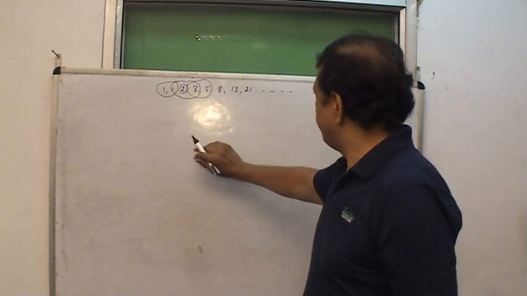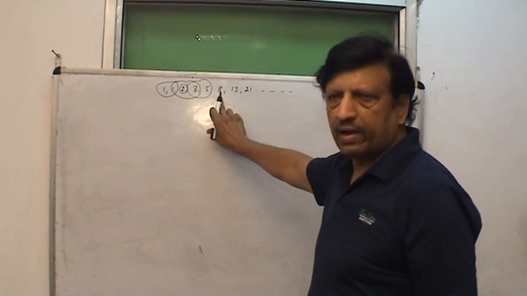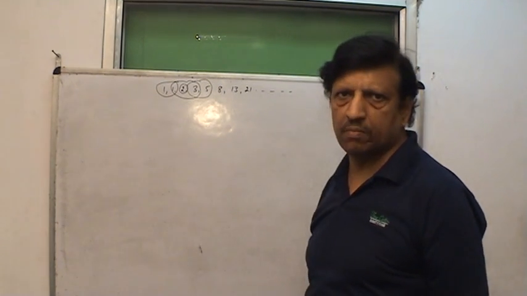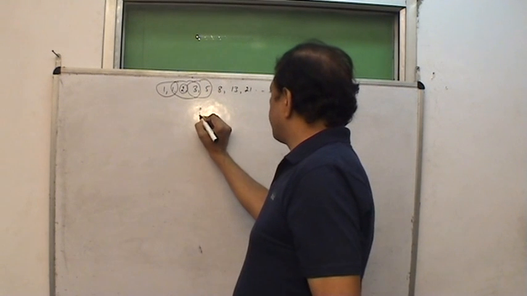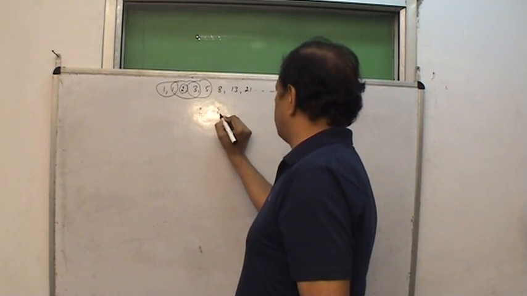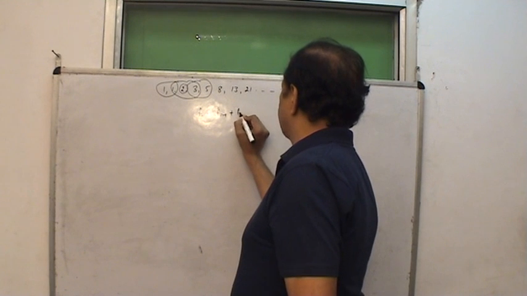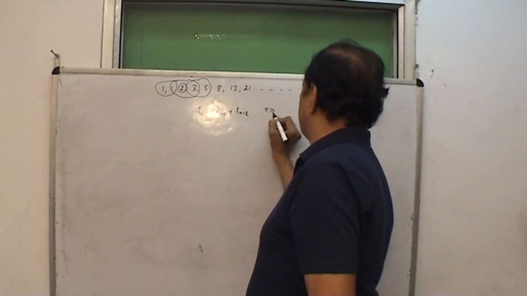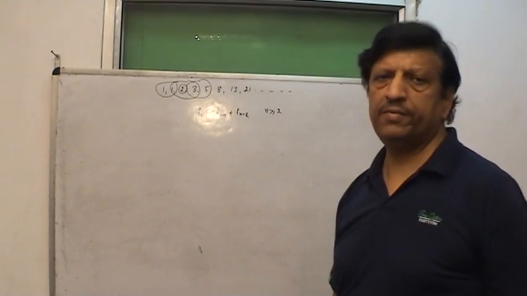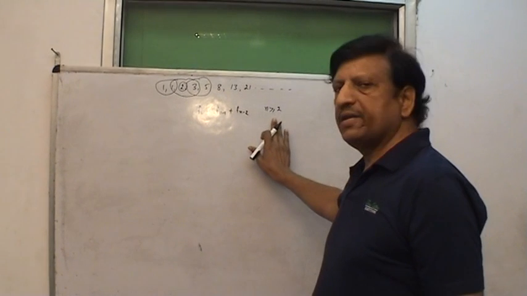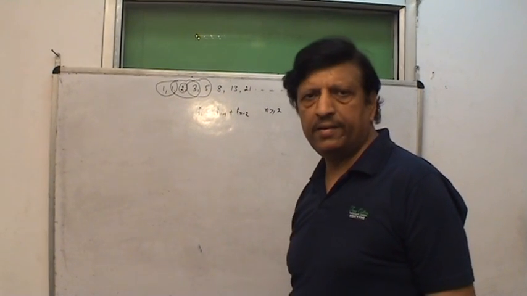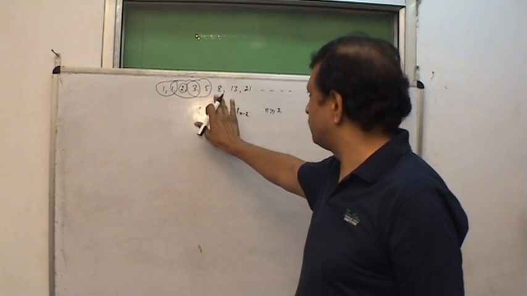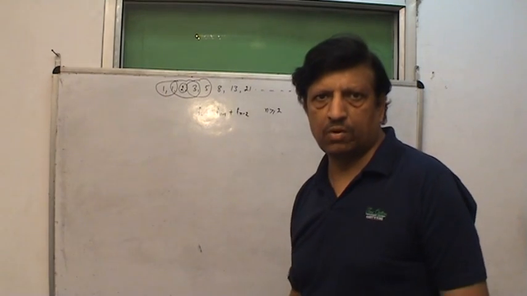Or we mean to say that every number in this recurrence relation is the sum of the two previous numbers. So we can write this sequence as Fn = Fn-1 + Fn-2, where n is greater than or equal to 2. Similarly, we can generate the sequences for any numbers. Each number in the sequence is the sum of the previous two numbers.